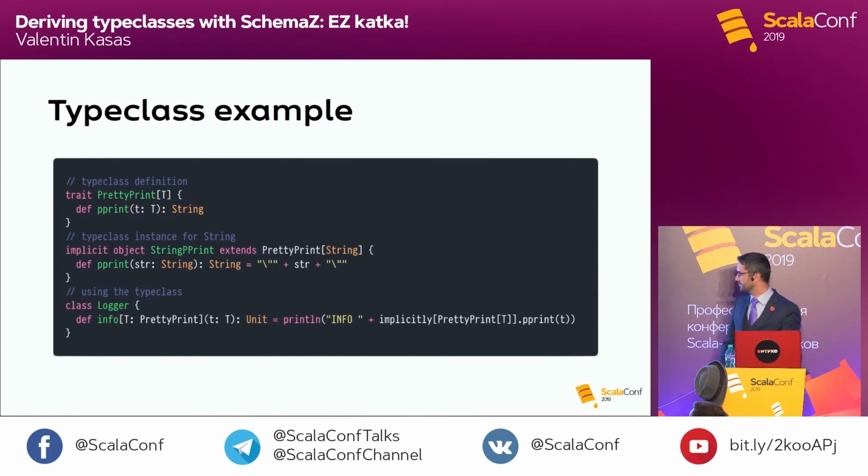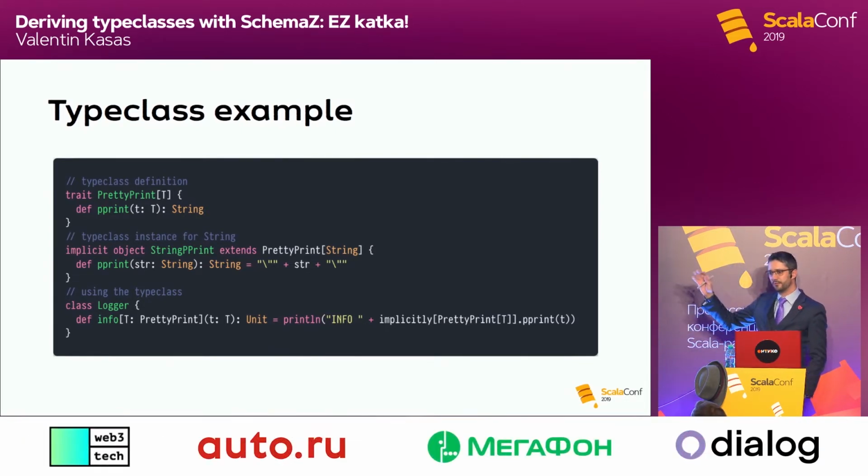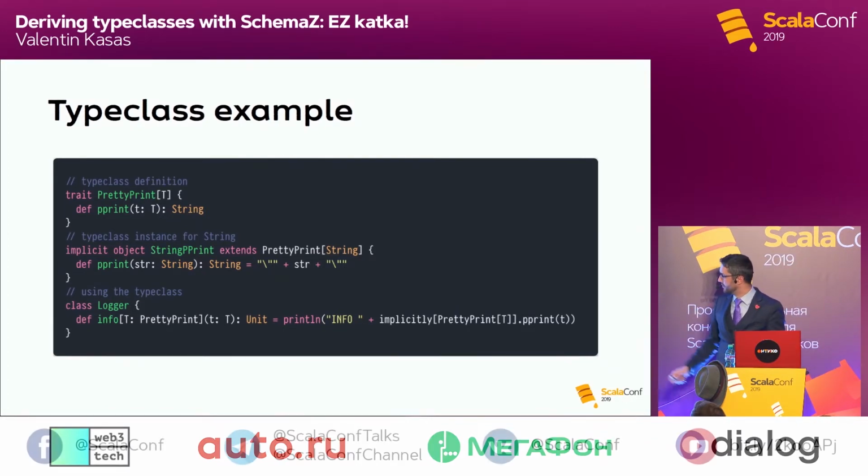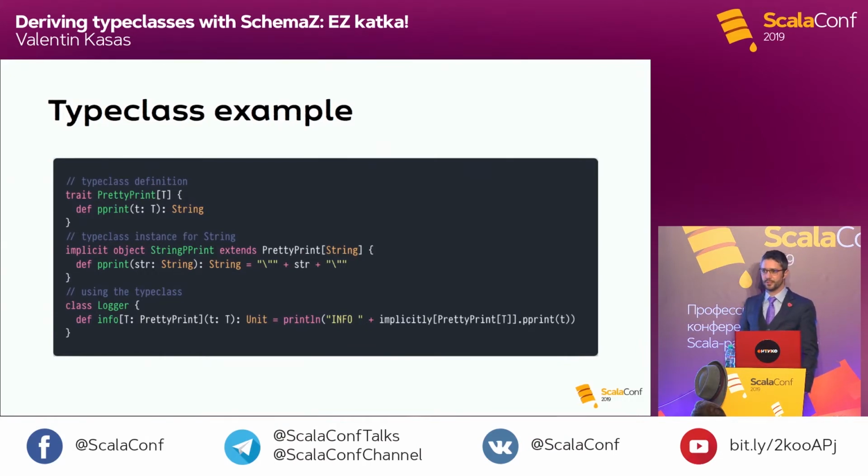So that's, for example, this logger can log pretty much anything in the console. Kids don't do this at home, by the way. By simply requesting that we have an instance of prettyprint for the type, and it will use a method in the instance, and it gets the concrete instance by using the implicitly method from the Scala conf.